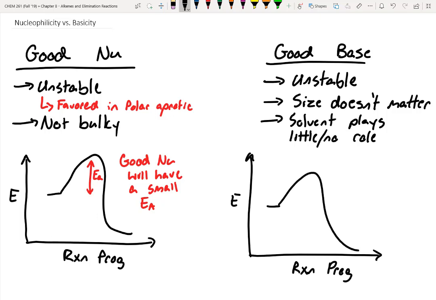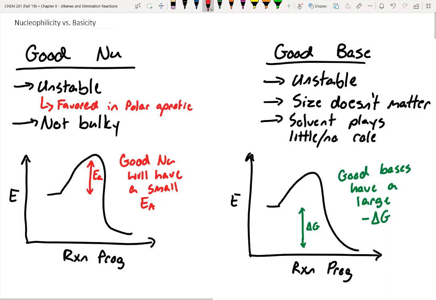So let's think about what matters for acid-base chemistry. Are we looking at activation energy or delta G? Delta G, exactly. So good bases have a large negative delta G, right?